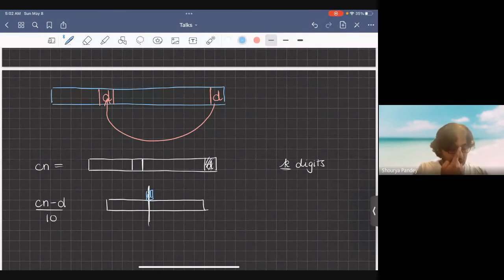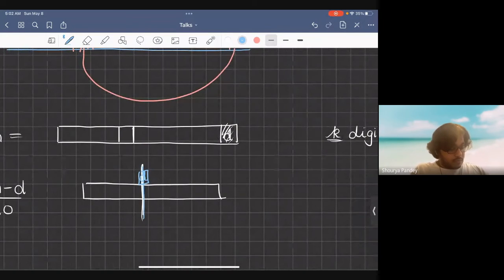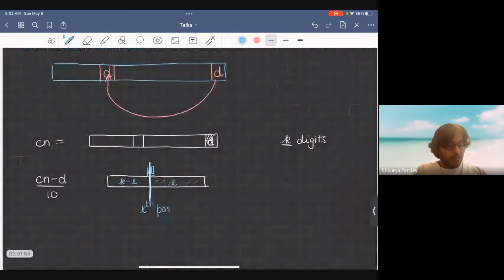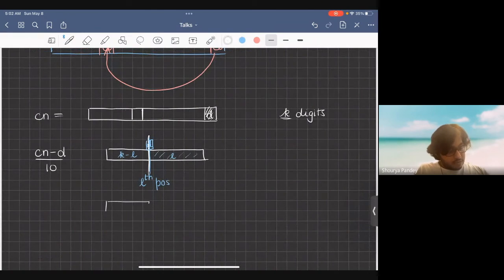Let's say I split it at the l-th position. By that I mean there are l digits here and then k minus l digits here. So what can I write this new number as? Actually, k minus l minus 1. Sorry.